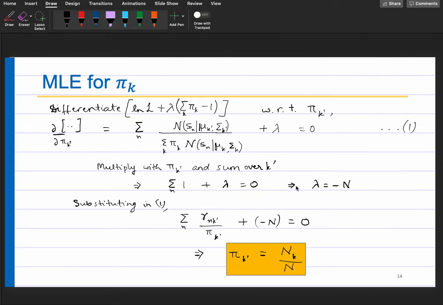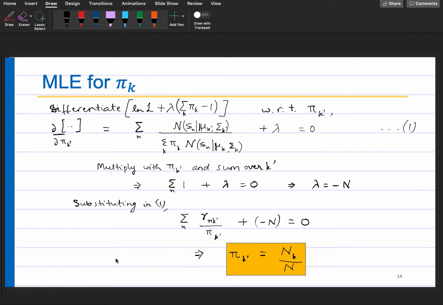So your lambda comes out to be minus capital N. Substitute it back in equation number 1, and you also substitute that pi times this thing is gamma nk dash. So this term is basically gamma nk dash upon pi k dash. From here you can easily estimate the value of pi k dash, because for gamma nk dash you use your previous estimate.